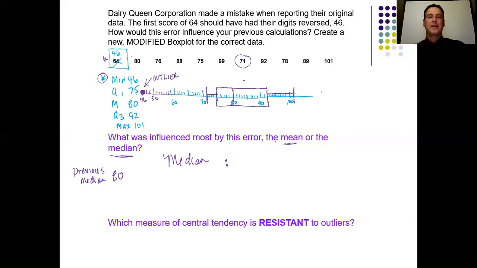Did my median change at all based off this new low number? Did this 64 going to 46 change my median at all? And the answer is no. My new median is also 80. So the median is unchanged by the outlier.